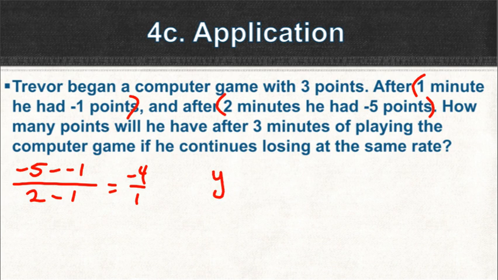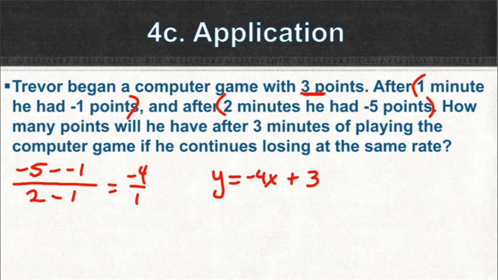Now we were told what they start off with. So we were told they start off with 3. So when you have y equals mx plus b, our b is our 3. And our slope was negative 4x, or negative 4. So this is our equation. We didn't have to use the point slope to find that.